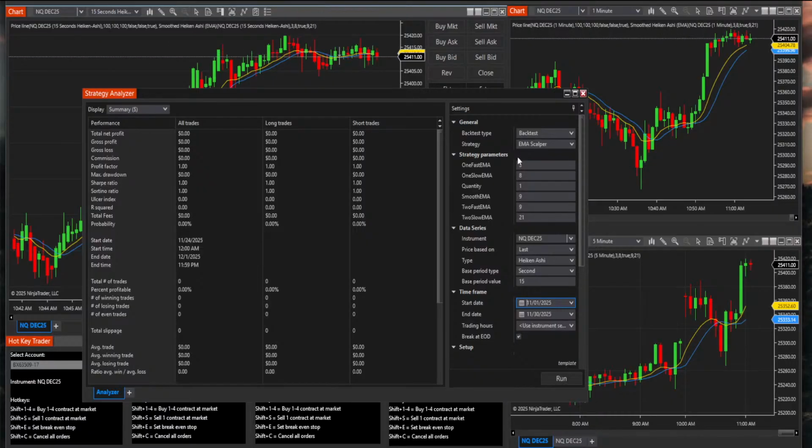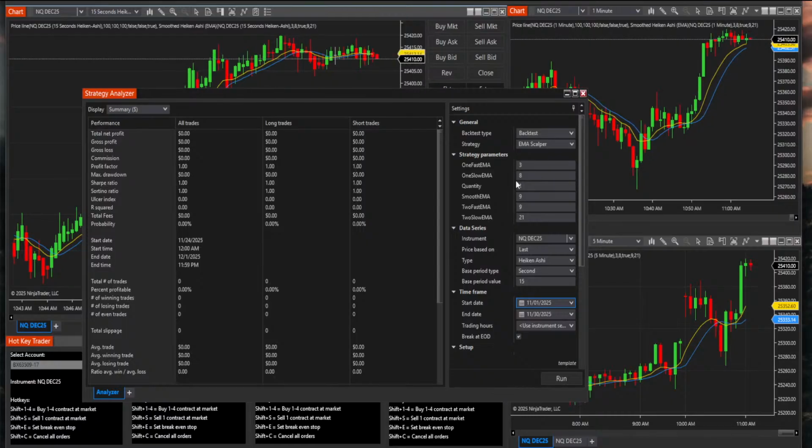This goes off quite a bit of stuff. It doesn't just go off of the Heikin-Ashi. It will read a 1 minute chart and look at the real price action. Then I combine the logic for a Heikin-Ashi to see if we're in a good trend to get triggers off of that.